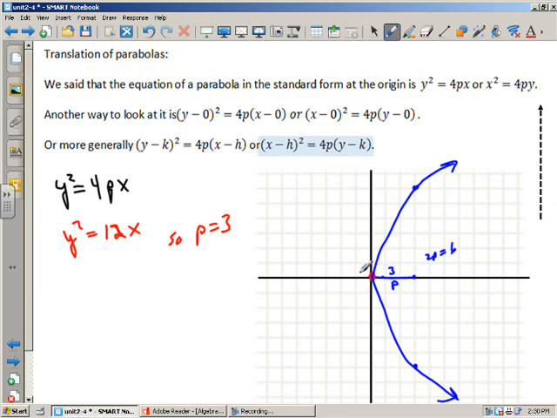So what I want you to look at is how can we evaluate this situation where our vertex is going to be anywhere. Well, the equation is actually, let me erase that, that's not very neat.